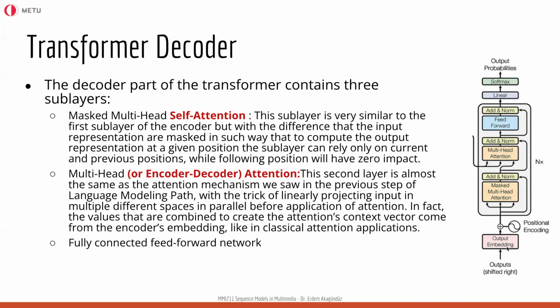So it is like you are creating the words, right? So unlike the encoder part, the decoder part has some sort of feedback. Okay, this sublayer is very similar to the first sublayer of the encoder, but with the difference that the input representations are masked in such a way to compute the output representations at a given position. The sublayer can rely only on current and previous positions. So what we do here is we just get the current output of the decoder.